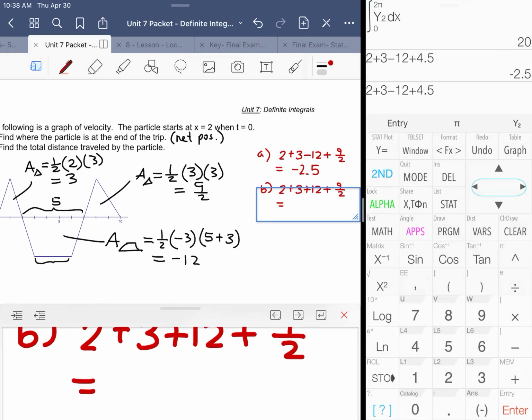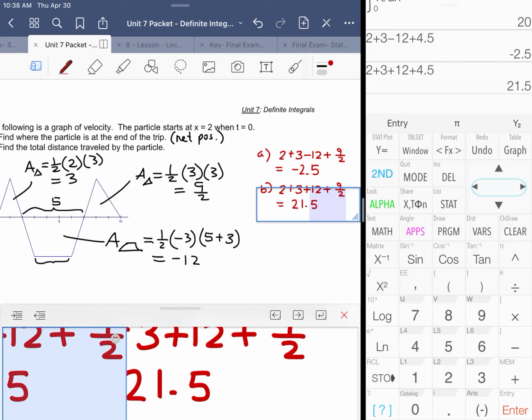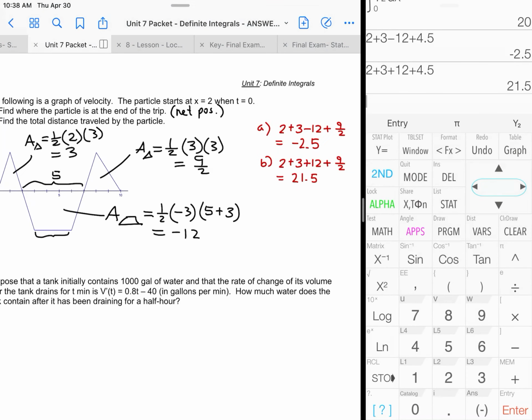So at the end of the trip, this particle lost 2.5 units of position. It took a few steps forward, a few steps back, a few more steps forward, a few more steps back, and at the end of the trip, it was 2.5 steps behind where it started.